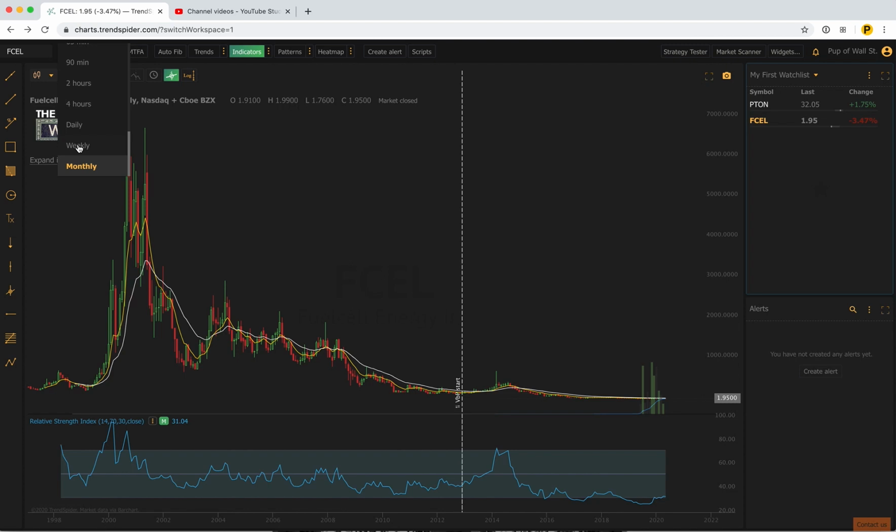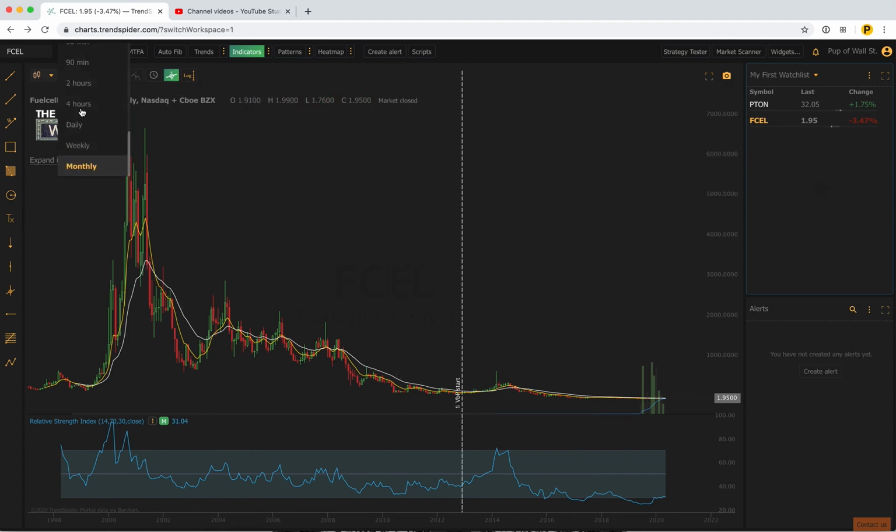For general trend direction, I use the daily and the weekly. I go down to the 65-minute just to see a little bit more of what's going on price-wise. And for day trading, I'm generally at the 5, the 15, and the 30. And again, we'll go through that at another time.